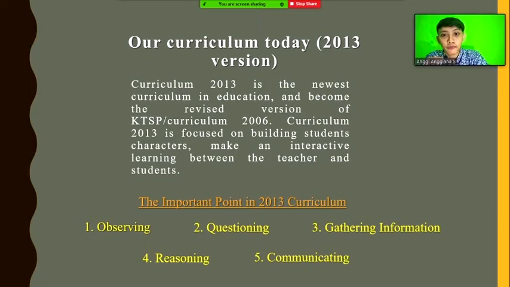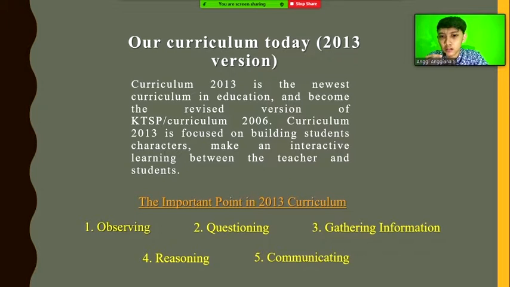We know that in Indonesia there are many curriculums, for example the curriculums of 2004 and 2006, and the newest is 2013 with some revisions. Today I would like to talk about our curriculum today, the 2013 version with some revisions.